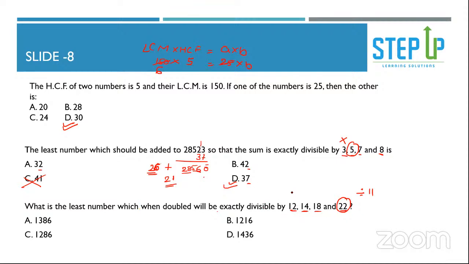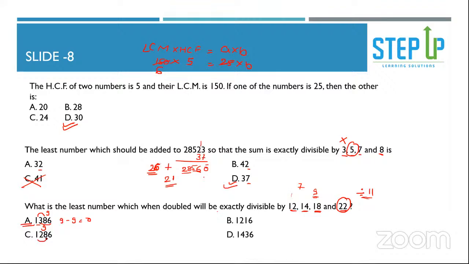For 12, I need to check for 4 and 3. For 14, I need to check the divisibility rule of 7 also. For 18, I need to check the divisibility rule of 9. So yeah, we'll check how many numbers are divisible by 11. 3, 1 plus 8, 9. 6 plus 3, 9. 9 minus 9, 0. It means that this number is perfectly divisible by 11.